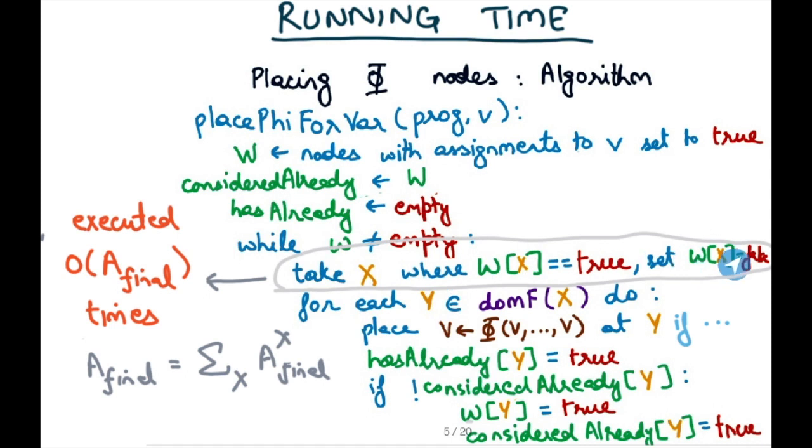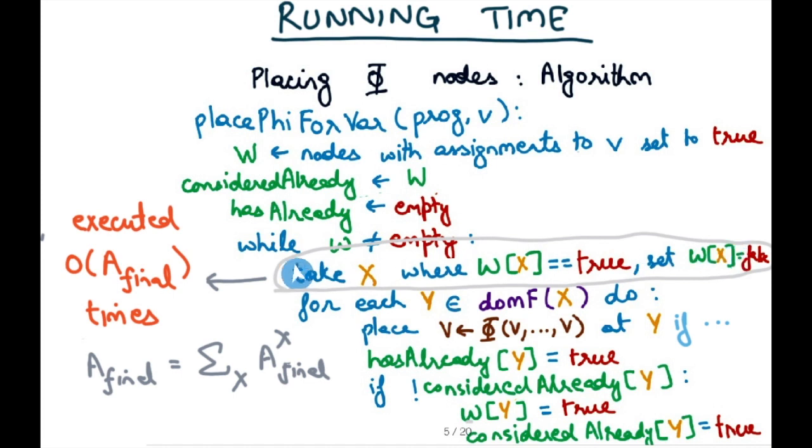So this statement actually executes as many times as there are final assignments in the program, because after all I execute this also for, I add to the work list also those assignments which are φ functions which are added as a consequence of the algorithm. So this statement here is executed A final times, where recall A final is basically the summation over all the basic blocks of AX final, the number of final assignments in that basic block.